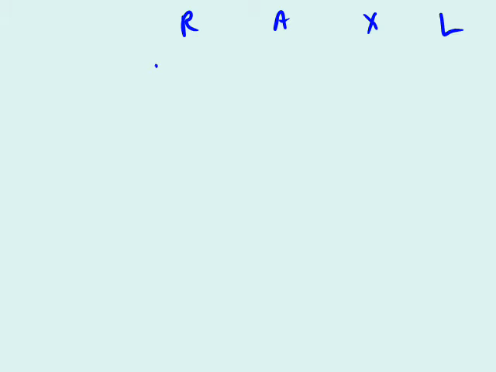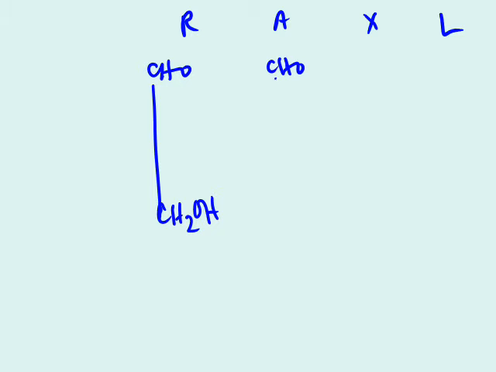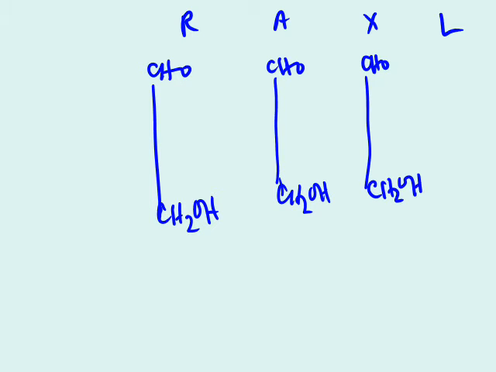And you must have CHO on the top and CH2OH on the bottom. This is how you need to hold on to it. So let's first write down just these two. So CHO on the top. Each of these sugars would have CHO on the top and CH2OH on the bottom.